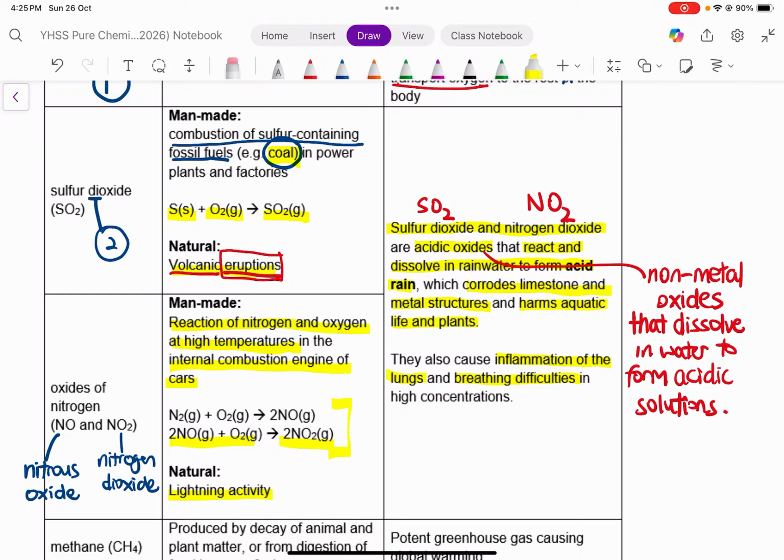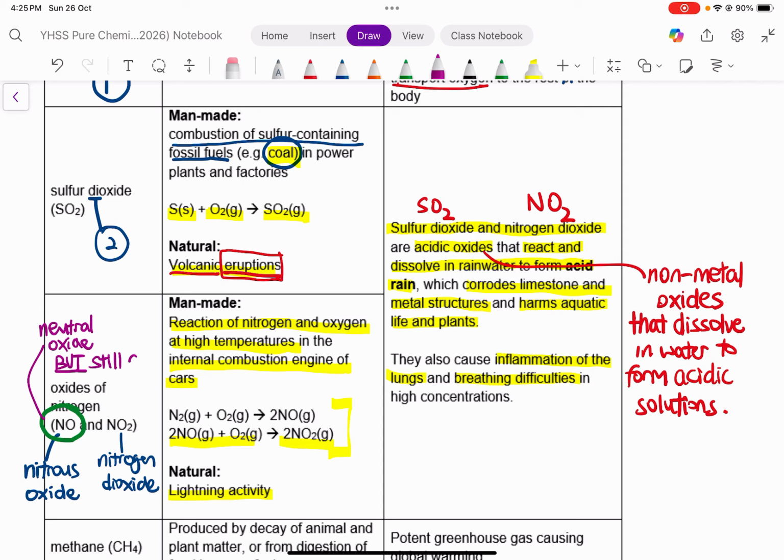Now notice how we are focused on the dioxides. How about nitrous oxide? You have learned that nitrous oxide is actually a neutral oxide, right? Meaning nitrous oxide actually does not dissolve in water. However, nitrous oxide is still dangerous.